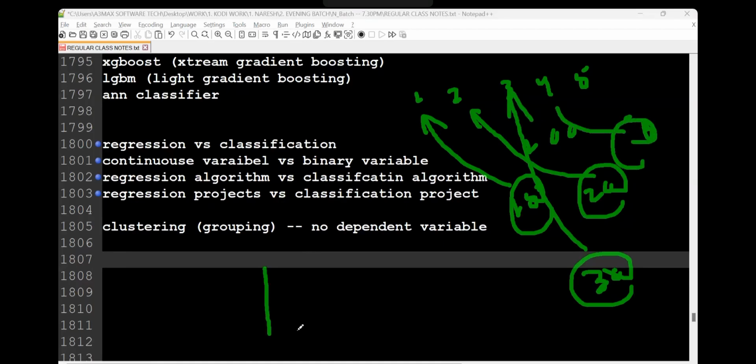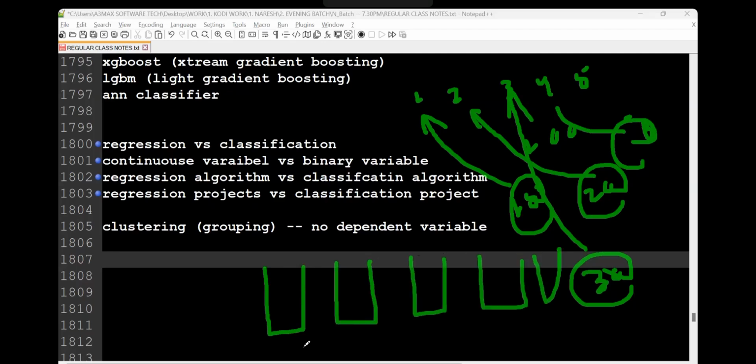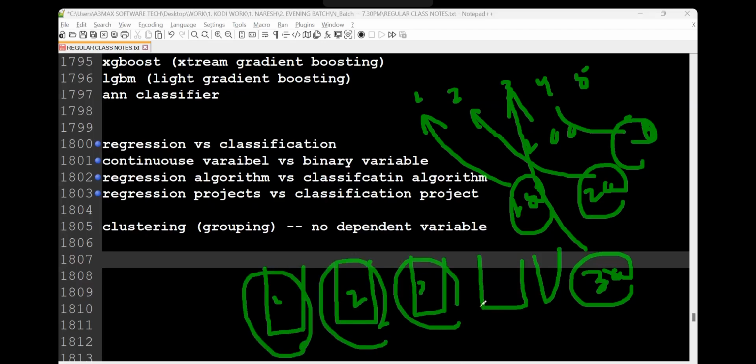If I make 5 groups, 1 star, 2 star, this is grouping or not? This is grouping. Getting my point? This is called customer segmentation projects.